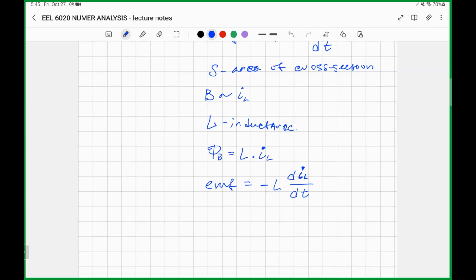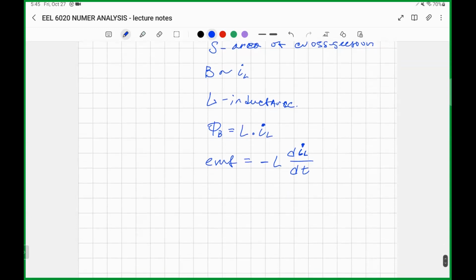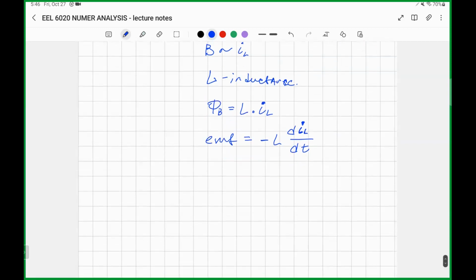That's why we have this minus here, which states that when the current grows, the electromotive force is negative. When the current decreases, the electromotive force is positive. So it always resists the reason of this current change through the coil. And for this reason, the actual voltage drop across the coil comes with the opposite sign.